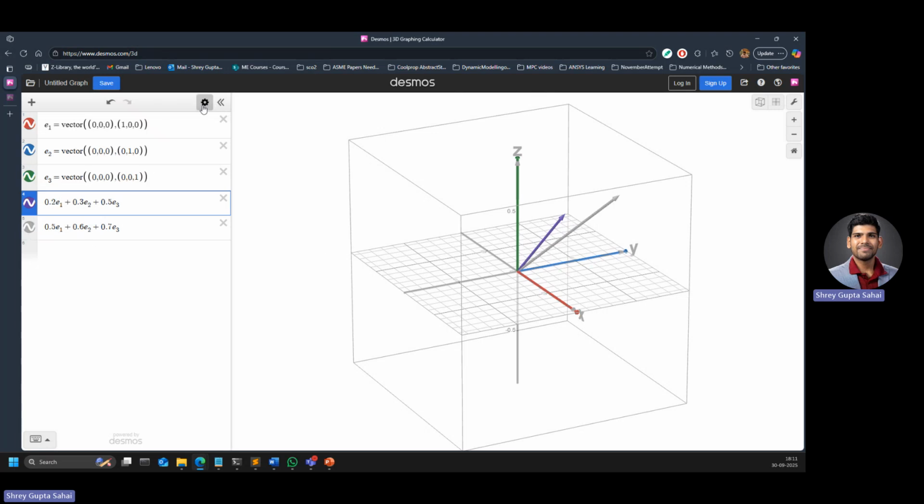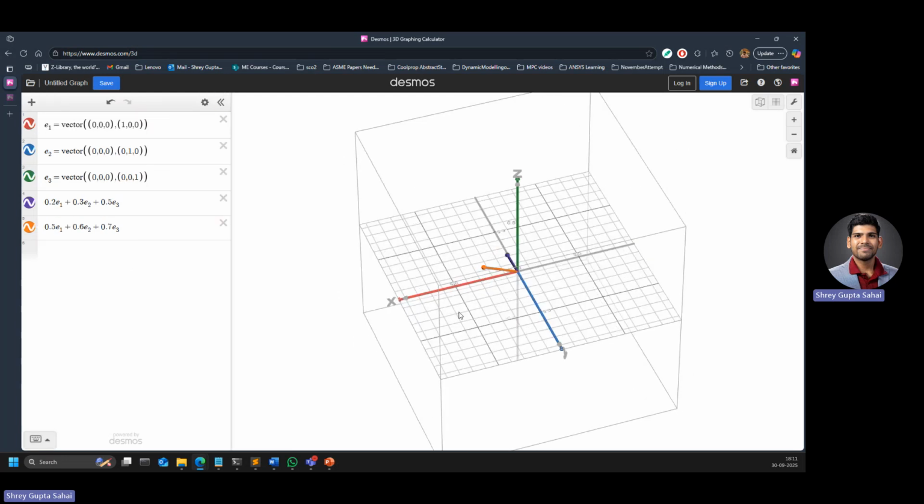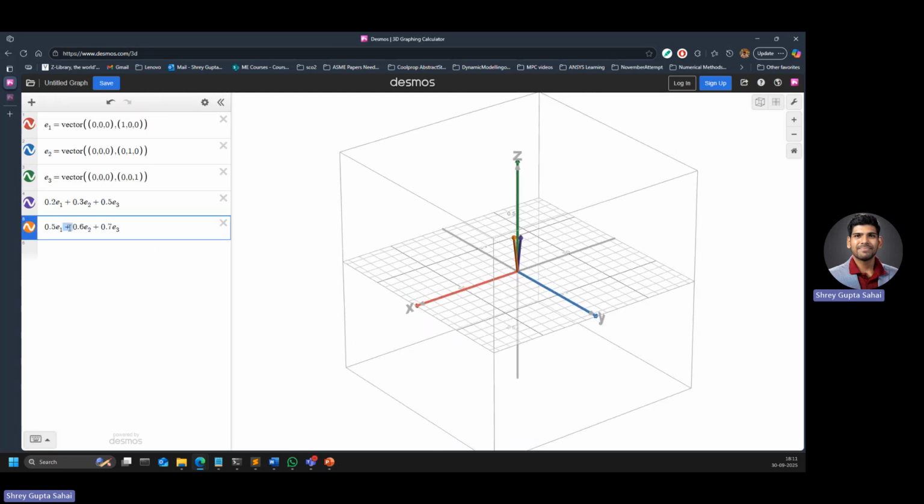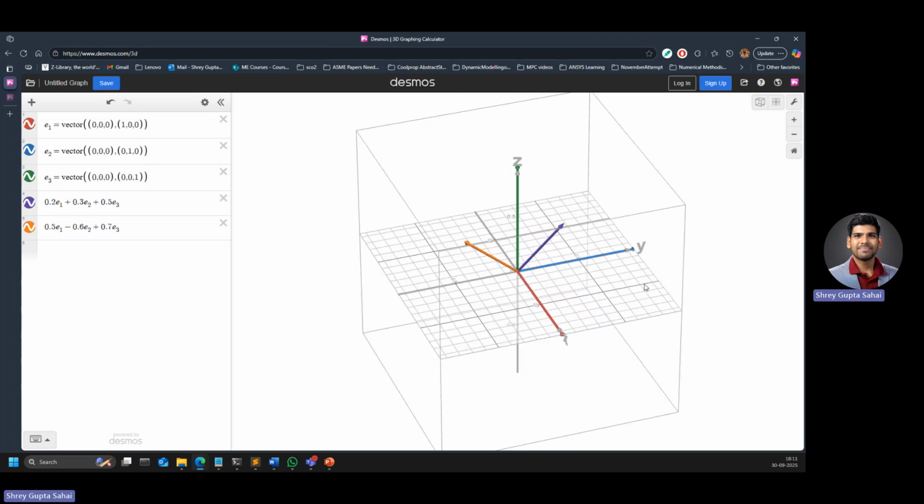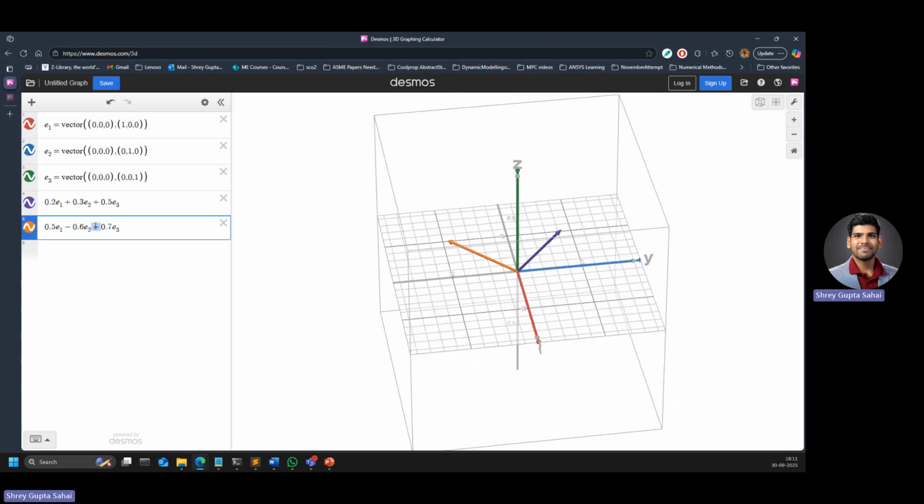Let me change that color, maybe orange. Now let me do it as minus.